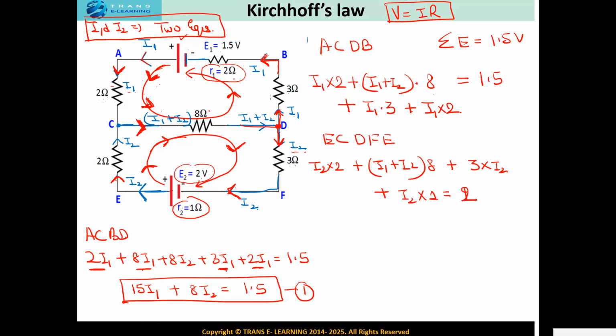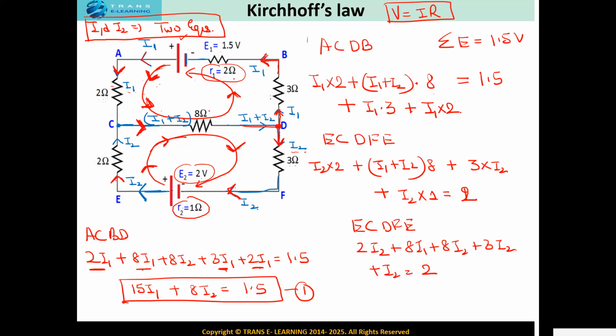So the equation across this loop ECDFE will be 2I2 plus 8I1 plus 8I2 plus 3I2 plus I2 equals 2 volt.